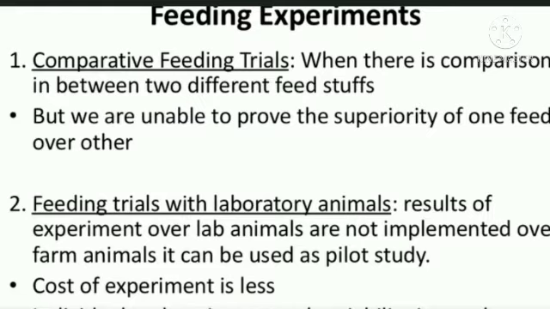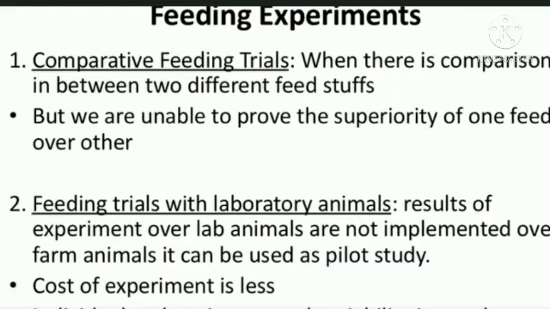We can't prove the superiority in terms of the feed directly, because it may be possible that the feed which we have fed to that animal is not good for that particular species of animal.